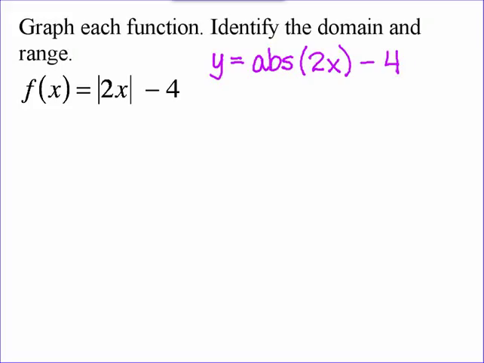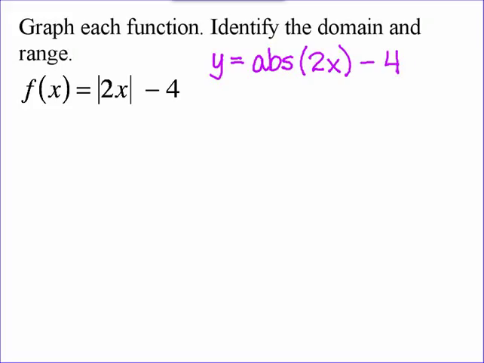What I need you to do is go to graphics view. Remember how we went there last week? Right click and go to graphics view at the bottom. We're going to change the window a little bit.